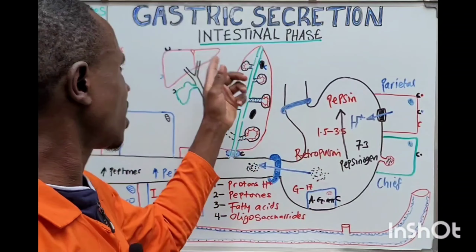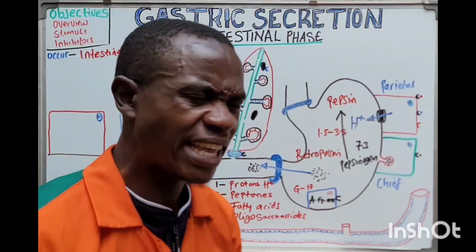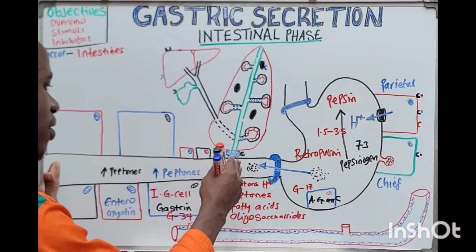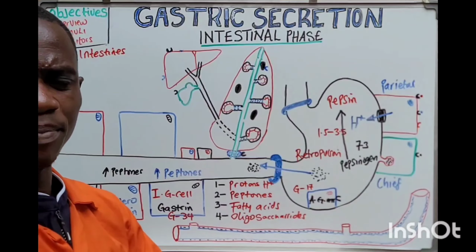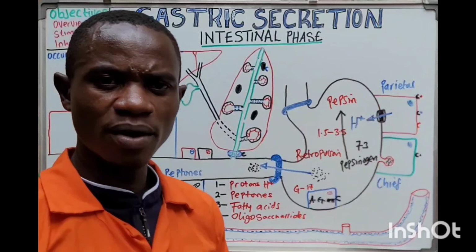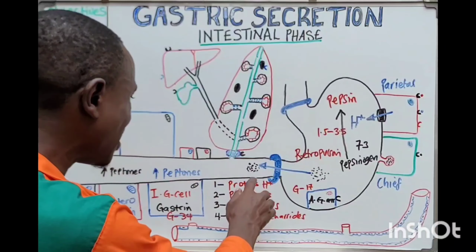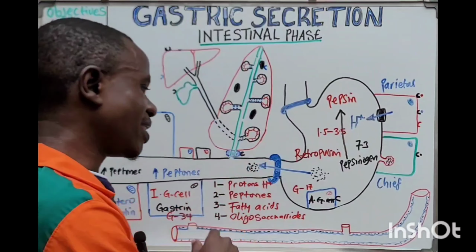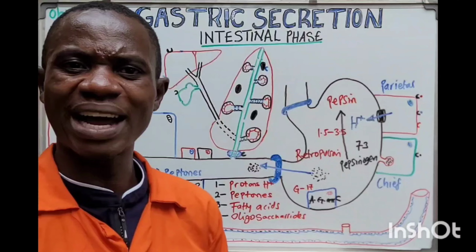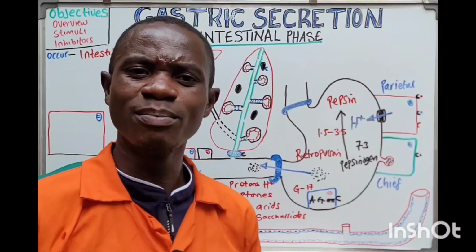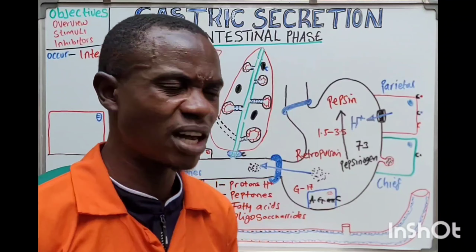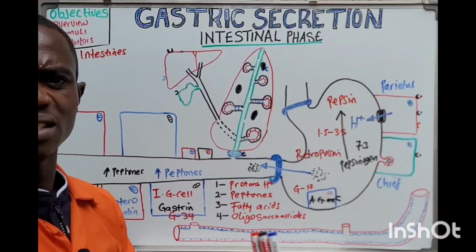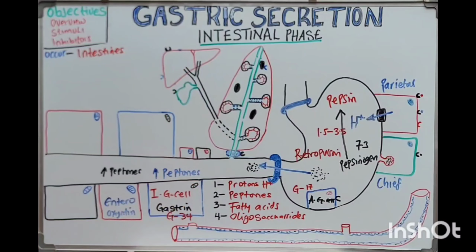Because this intestinal phase is trying to inhibit gastric motility and gastric secretion, to make sure that the intestines are given enough medium that helps in the chemical and then the mechanical digestion, because the enzymes which we shall talk about, which need to come and run the process of chemical digestion in the small intestine, don't need an acidic medium. We need an alkaline medium to favor their activity. So now we shall limit the exit of the chyme from the stomach into the duodenum. That's the significance of the intestinal phase of gastric secretion.